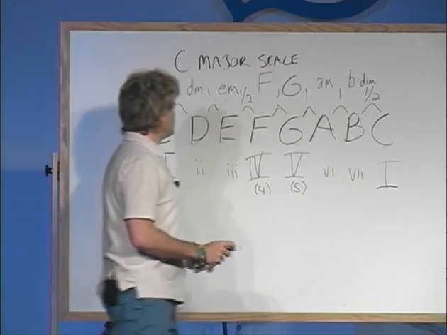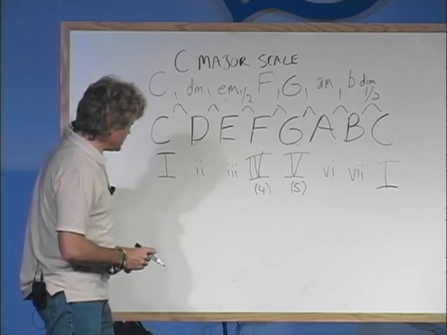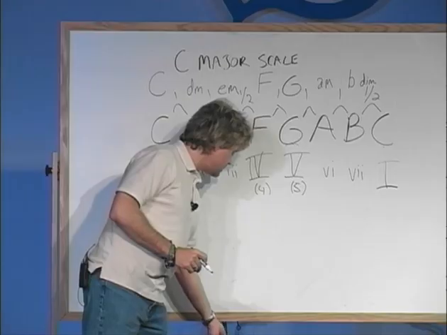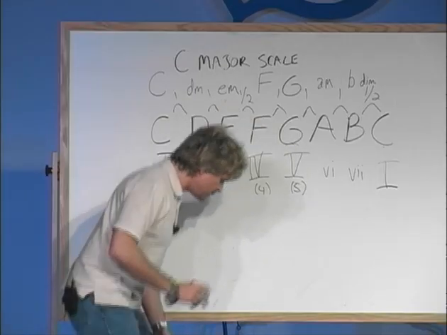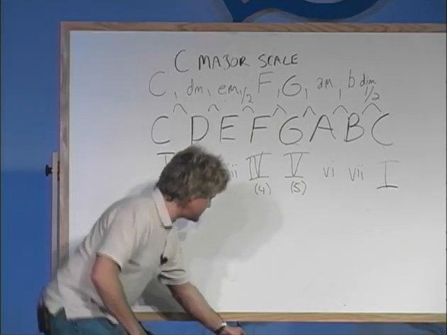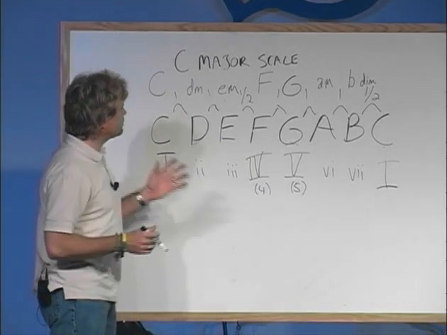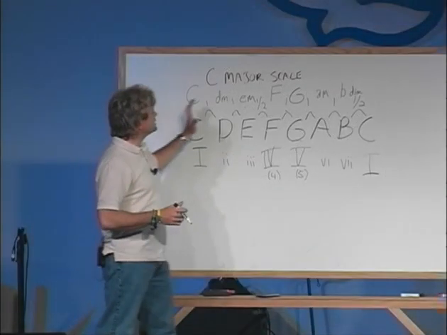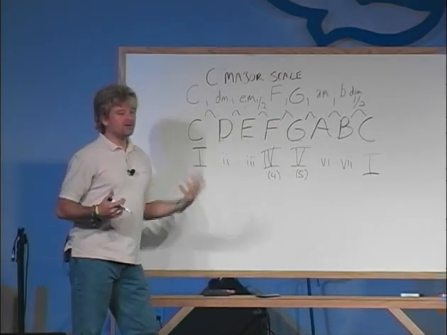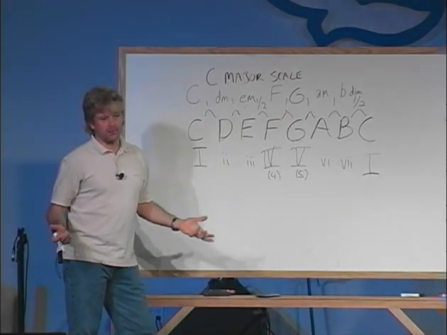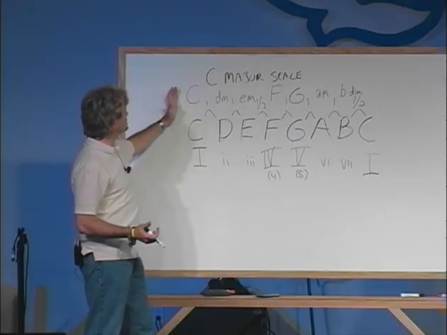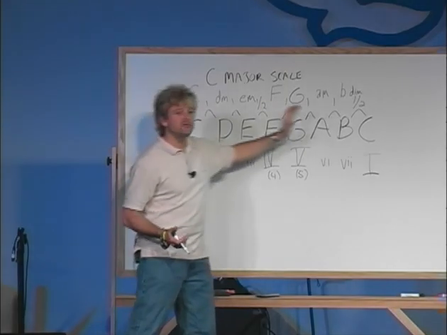So here's the thing. There's certain chord movements that are very common in music. And here's another thing. When somebody does a solo, let's say I'm playing with a band, I'm playing guitar, and we're in the key of C, I don't look at the whole neck going, gee, what note should I play? I know immediately that since we're in the key of C, I will play these notes.